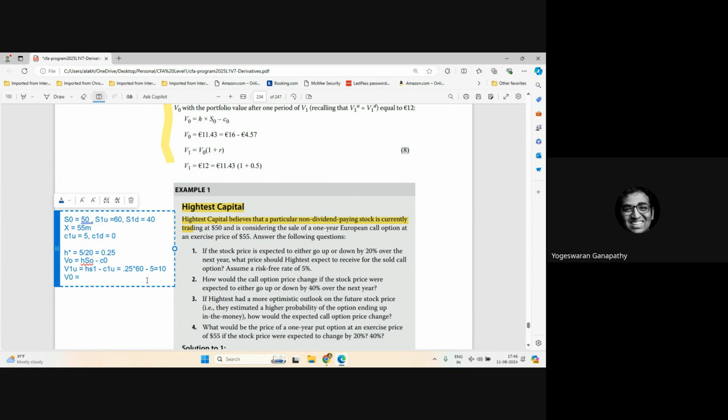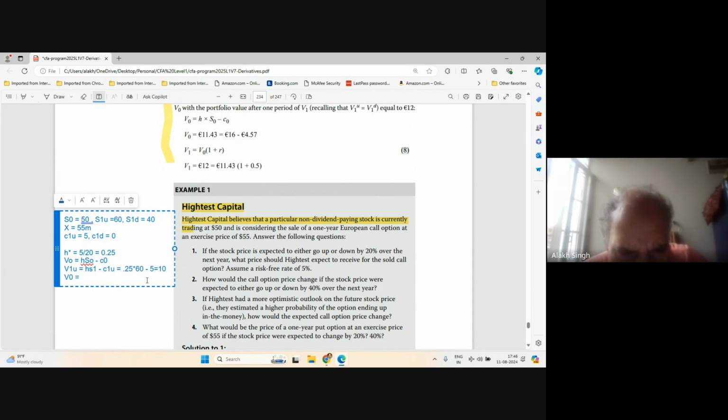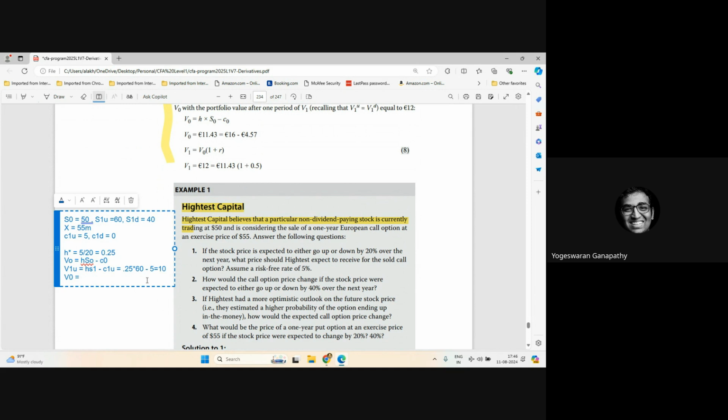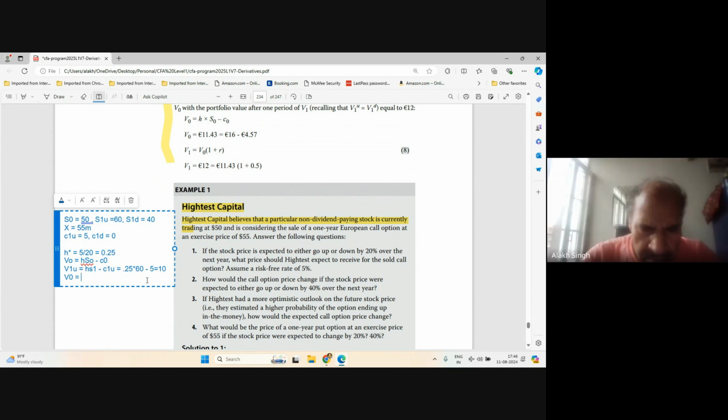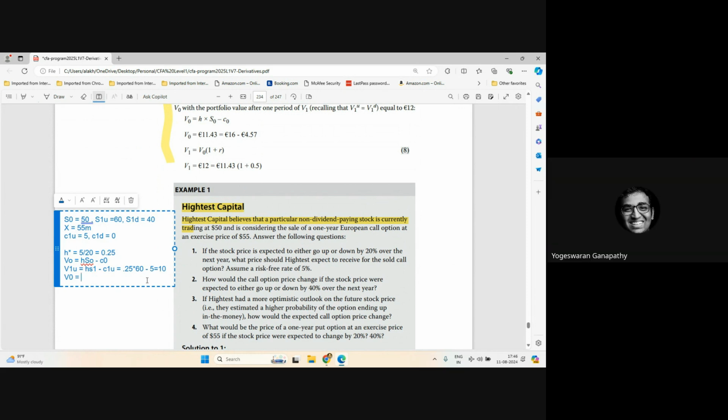V0 would be V1 divided by 1 plus R to the power of T. How much is T here? It is a 1 year European option, so T is 1.